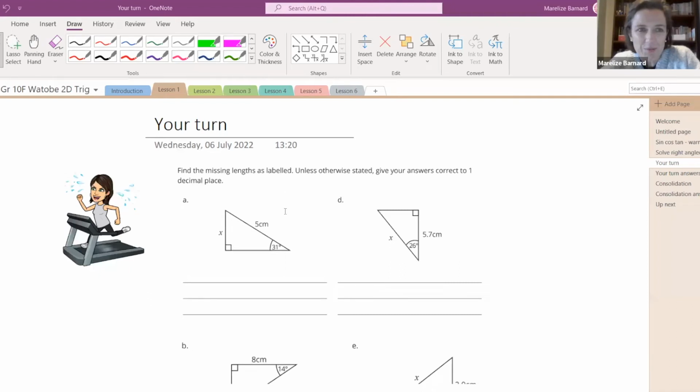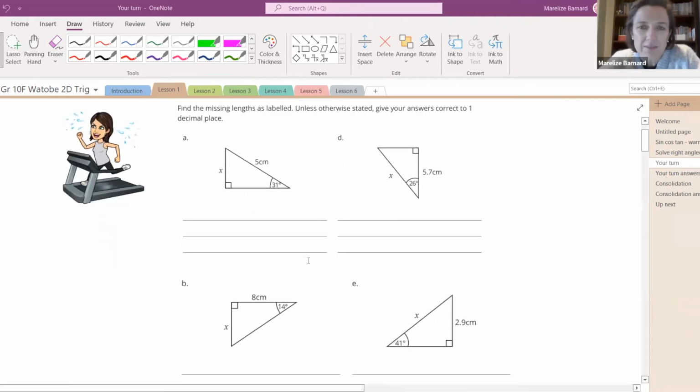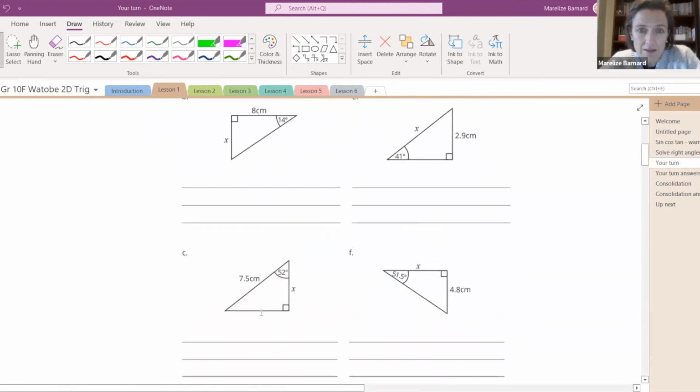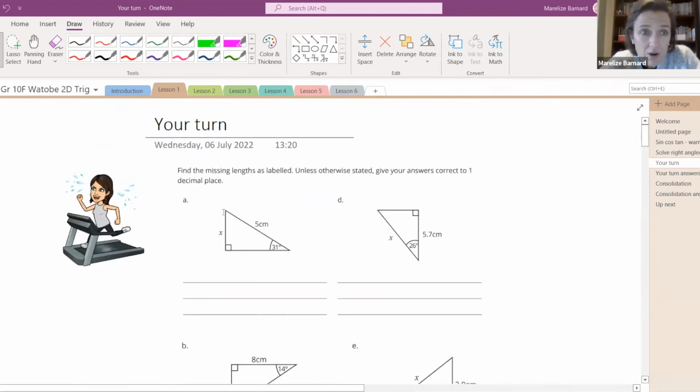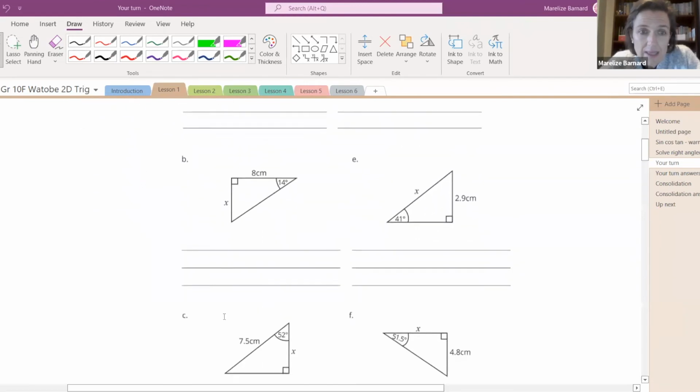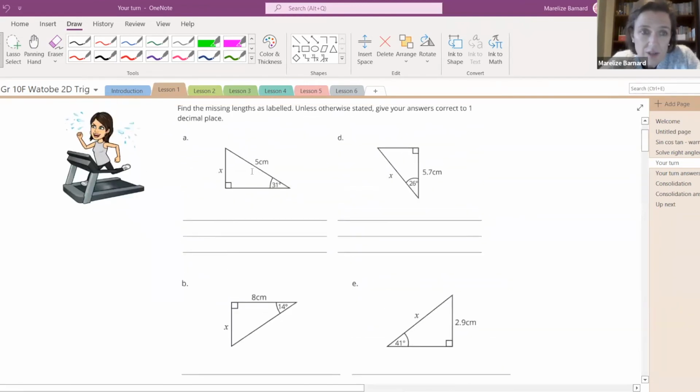Right, let's do the next round of questions. We are going to find the missing lengths. I'm going to give you 3 minutes to do question A, B, and C. Be careful how they are numbered. We have A, and then D, and then B. So just look at the numbering carefully.